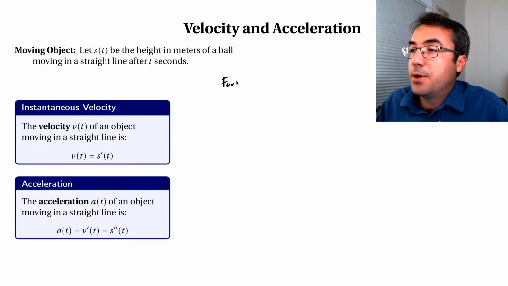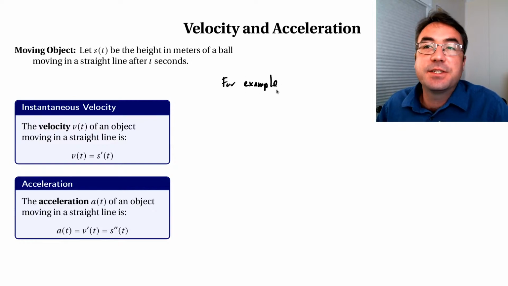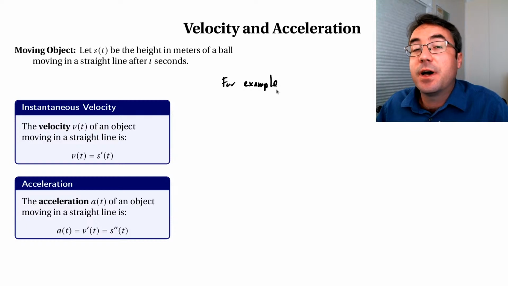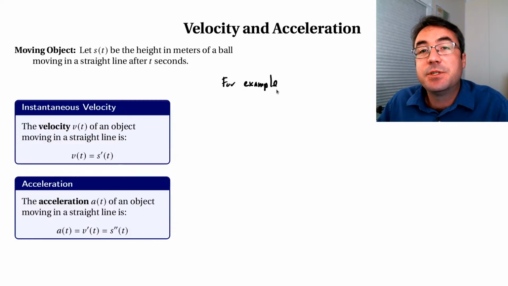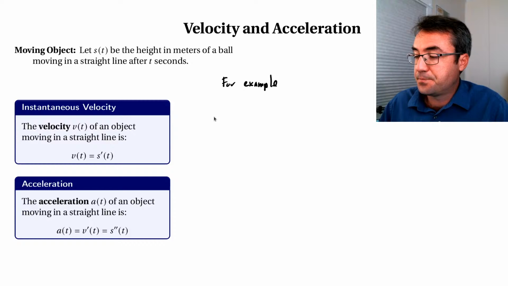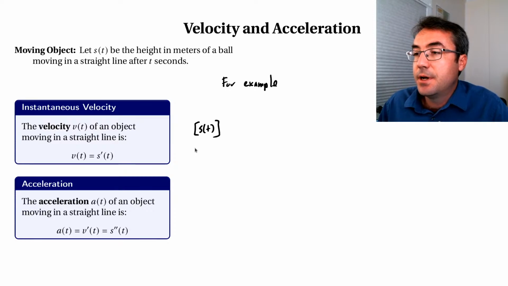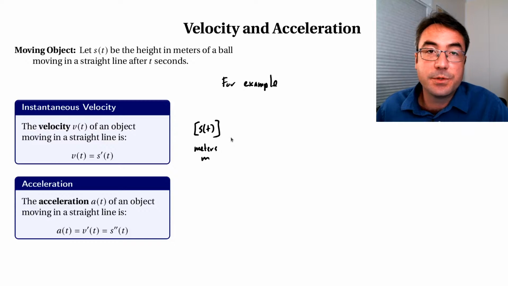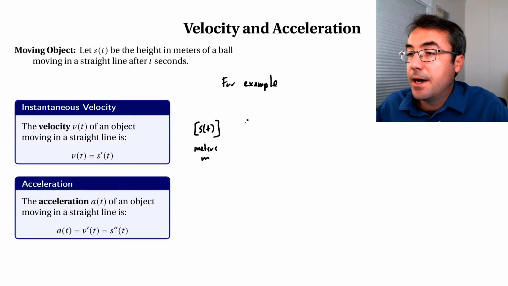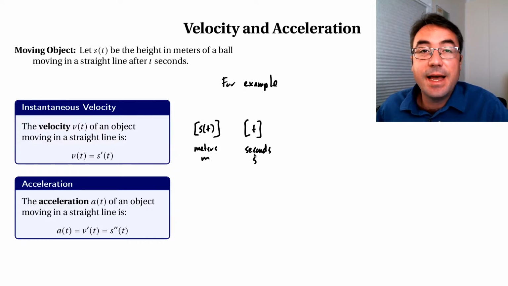Suppose for some specific function s of t, it's measuring the height in meters and time is measured in seconds. The units of measure for our position function are meters, which we'll abbreviate m. Time is seconds, which we'll abbreviate s.